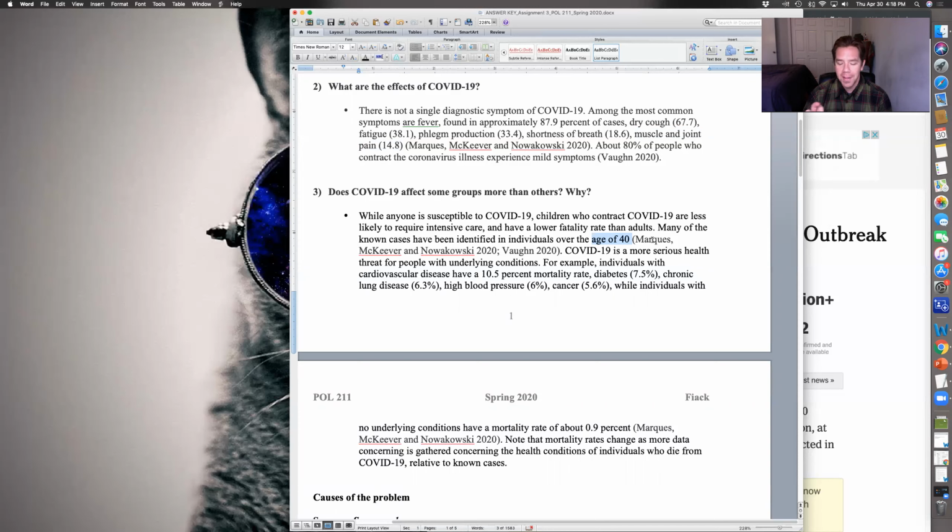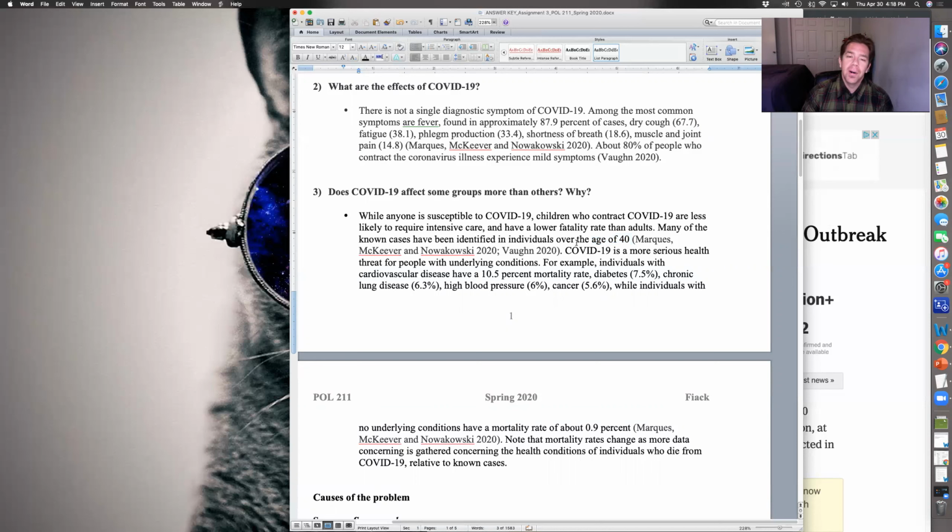So it's important to note that testing is a really important information tool for this policy problem, right? And we're still limited in terms of testing capacity. But it's important to note that people over the age of 40 were probably, and probably still are, more likely to get tested in places where there's a shortage of testing, because testing is typically limited to those more vulnerable members of society.